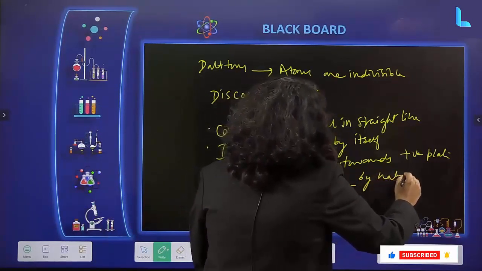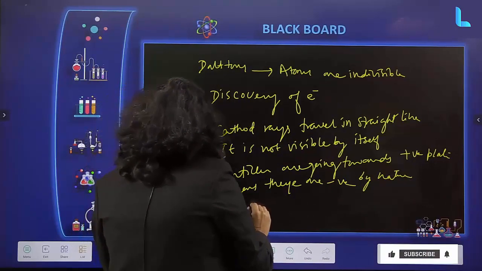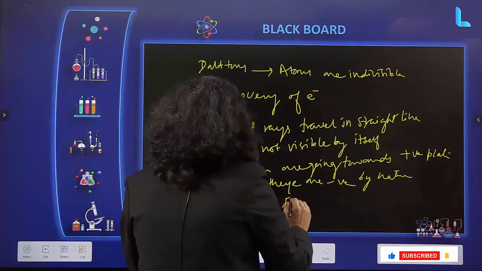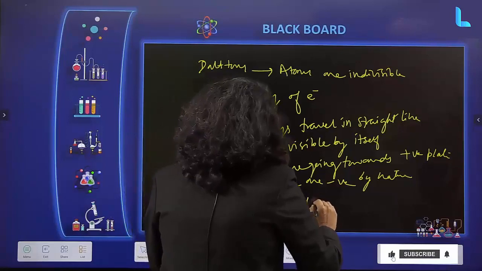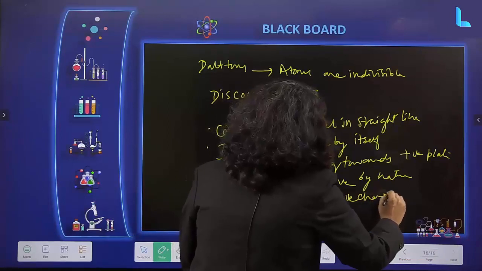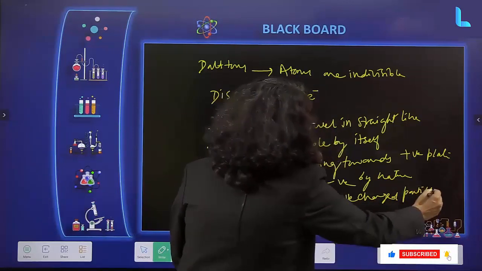And last, what we have seen is that in the presence of an electric field and a magnetic field, they show they are negatively charged particles. Okay, so like this we have studied the discovery of the electron here.